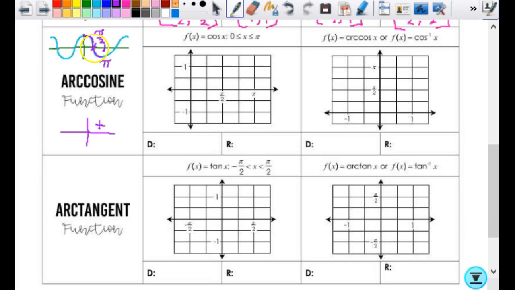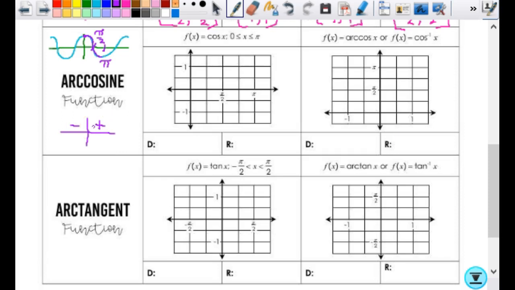This stuff going from pi halves to pi is in quadrant 2, and cosine is what in quadrant 2? Negative. And what is cosine in quadrant 4? Positive. See, it's positive right here. That's why I couldn't go this way. So I have a positive and a negative quadrant on my unit circle that I've used. Okay, everybody good so far?